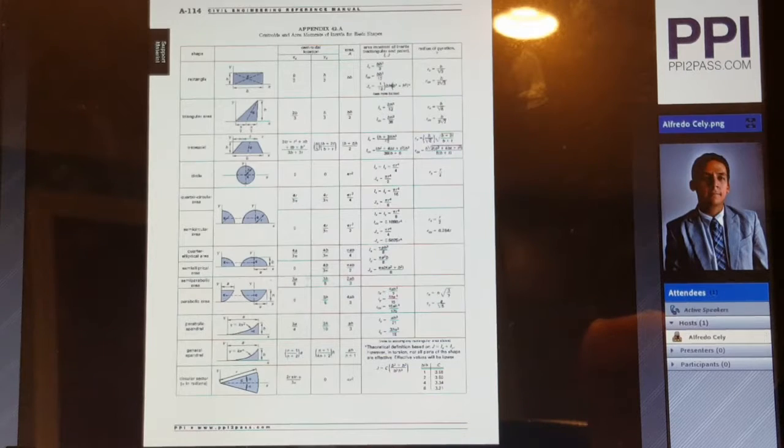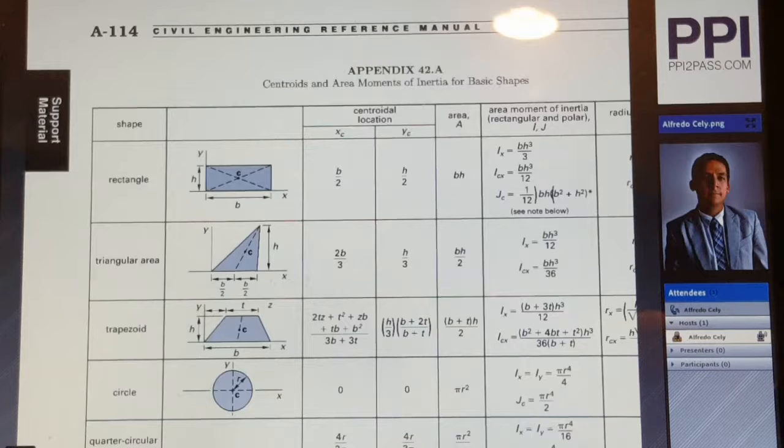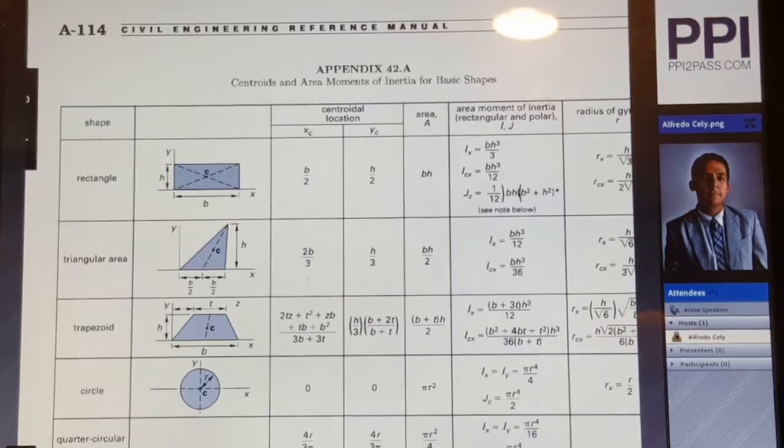For the breadth portion of the exam, I would like to point out Appendix 42.A, because Appendix 42.A will give you the centroids and area moments of inertia for very basic shapes. Here we see a rectangular or a square shape, where you get the moment of inertia, which is BH cubed over 3. And you have your moment of inertia at the centroid as BH cubed over 12.